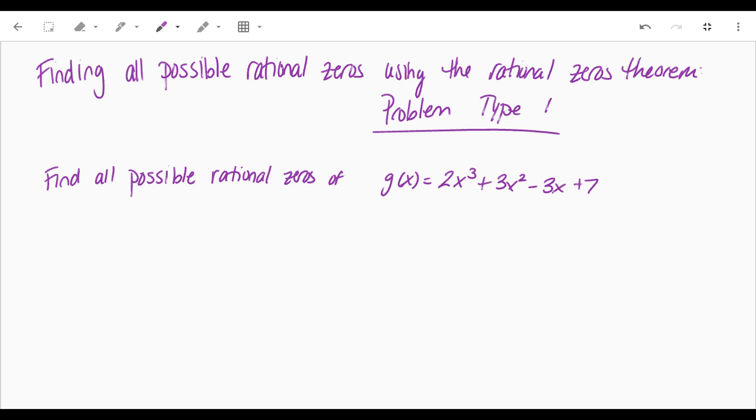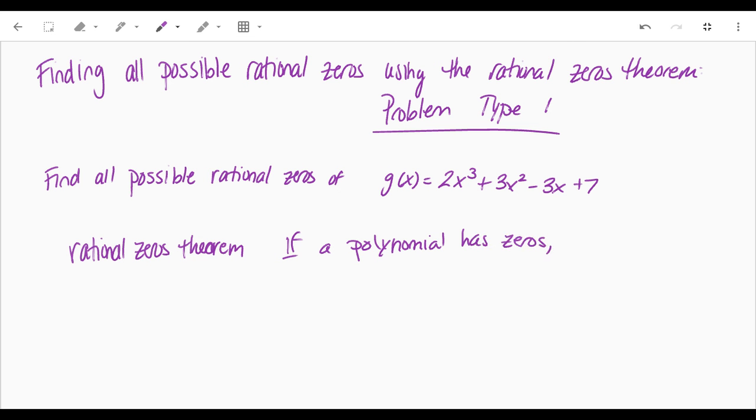Okay, so the way that this works, your rational zeros theorem, if a polynomial has zeros, I should say rational zeros, then they can be written as P over Q. Okay, and now what's P and Q?